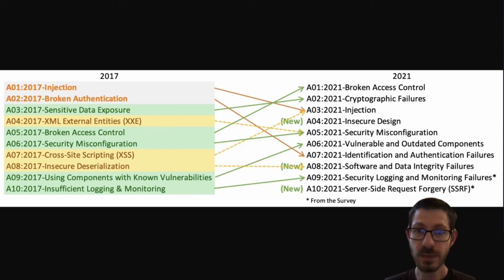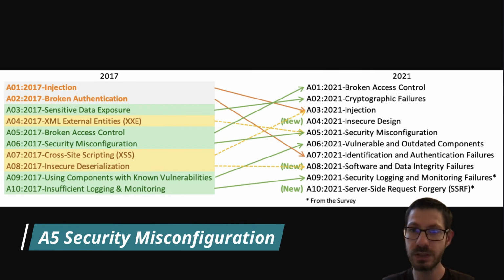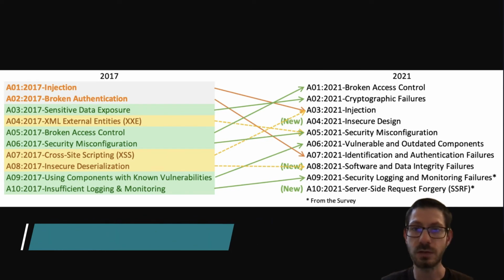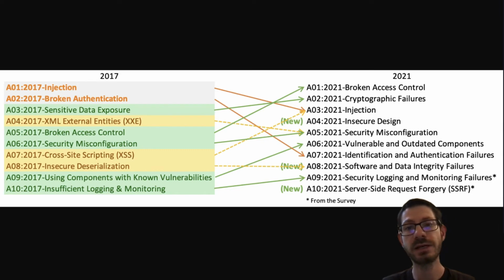Then security misconfiguration has been moved up and now includes XML external entities, which was previously number 4.